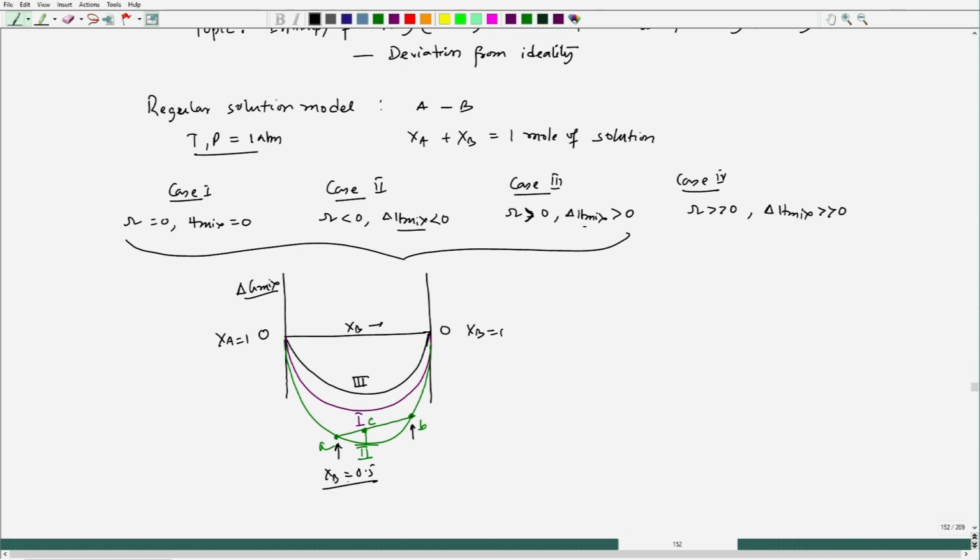We have learnt that, and in fact, in all three cases, any arbitrary composition we take across the midpoint of the delta G mix plot, we will see that a homogeneous solution of a single composition will form.